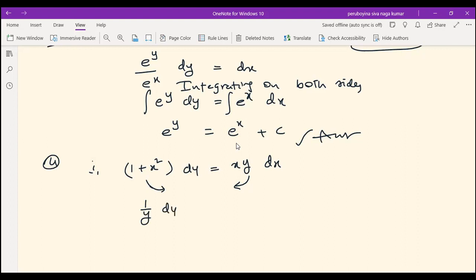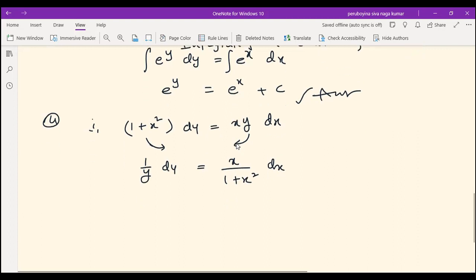So 1 by y dy is equal to x divided by (1 plus x square) dx, because a multiplication term moved to the other side should be indicated in the denominator. After arranging like this, all y terms are on the dy side and all x terms on the dx side. This type of solving is called the variable separable method. x and y are variables here.